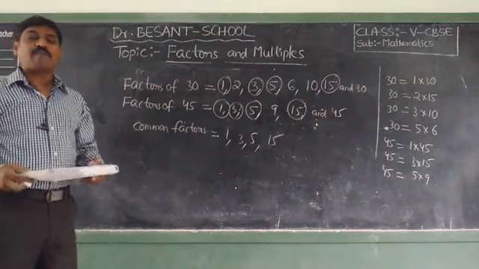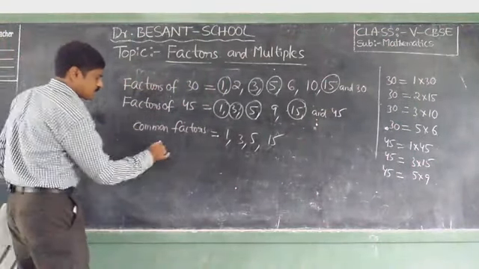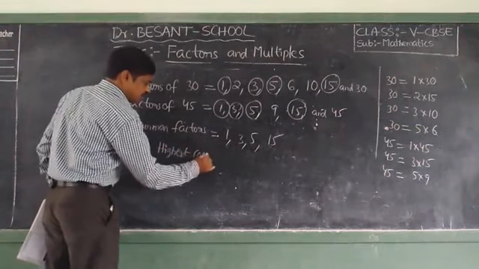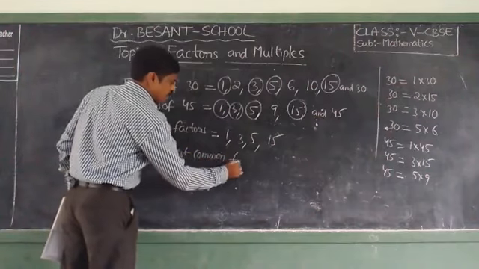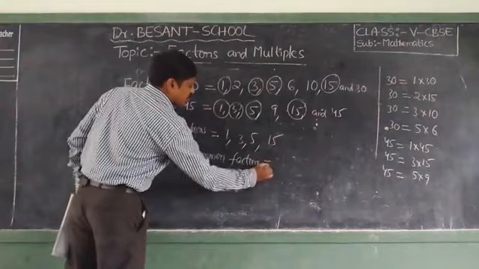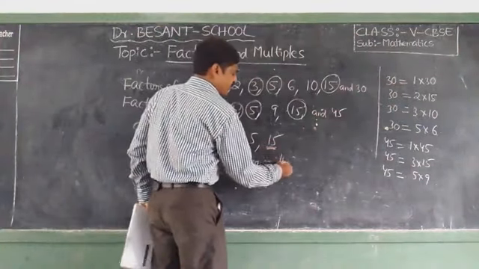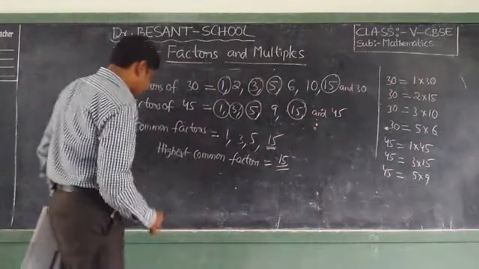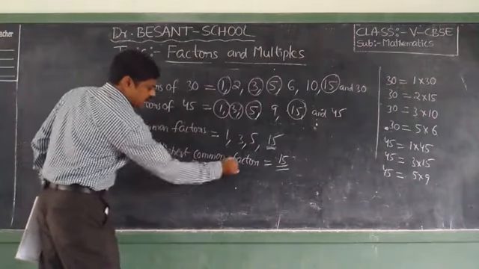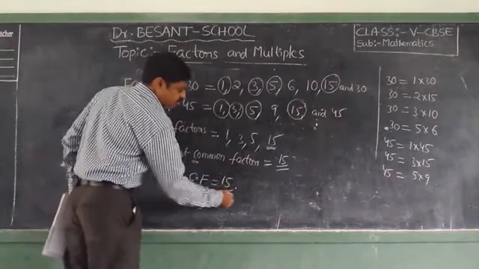So what is the highest common factor? 15. Highest H, common C, factor F. So HCF is equal to 15.